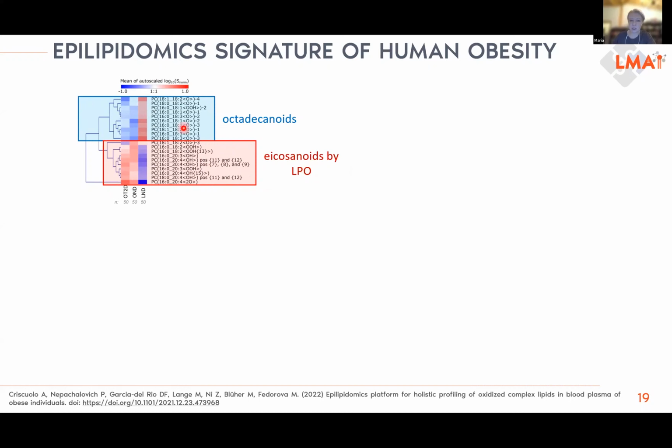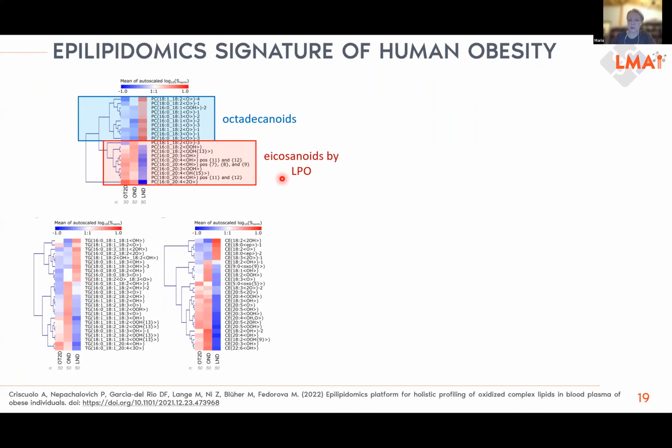So this physiological pattern of octadecanoids present in lean individuals is completely scrambled with the development of obesity, and it looks like we have intensive lipid peroxidation going on, mostly on the acyl chains, these 20 carbons. So interestingly, this pattern was very reproducible in the other classes.